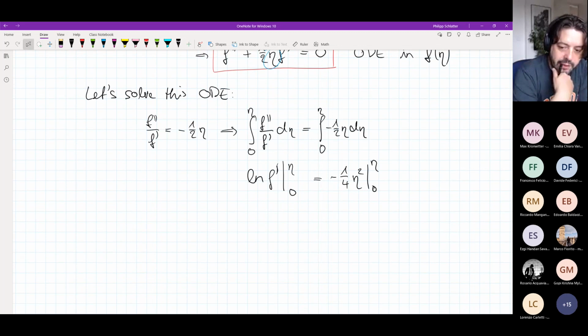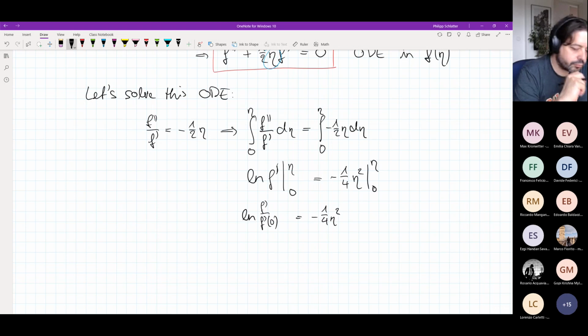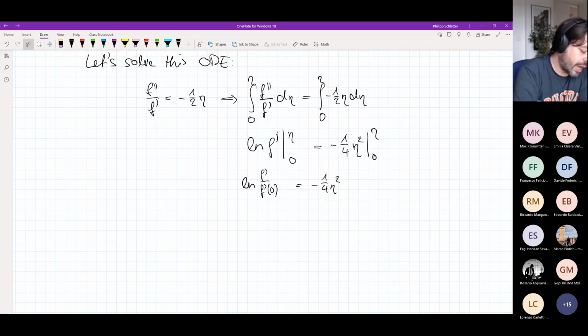Now, if I'm evaluating these integrals, I get ln of f prime divided by f prime of 0 on the left side, and on the right side I get just -1/4 eta squared. So now I would like to continue extracting f here.